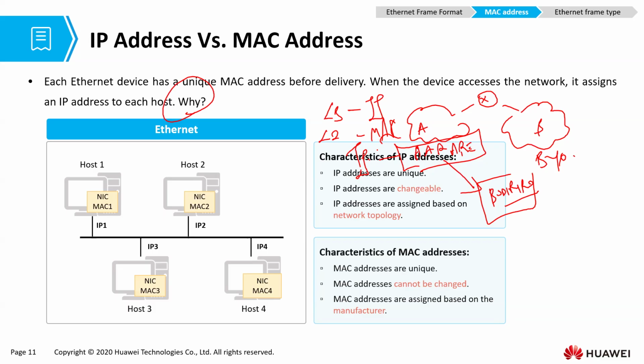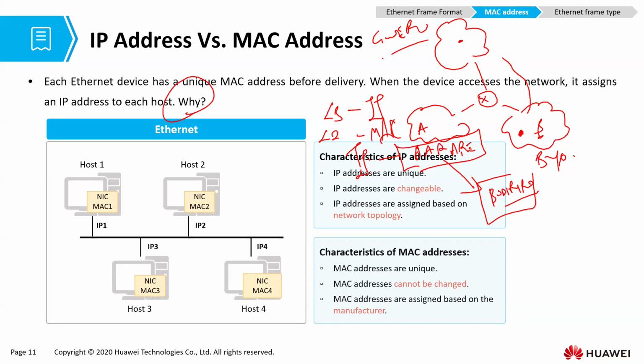So if I take a device and I'm in this network, my IP address will be defined depending on network B. If I leave the network and go to another network, my IP address will change because my network has changed, my location has changed. I've left Bulawayo and gone to Gweru, so my IP has changed.